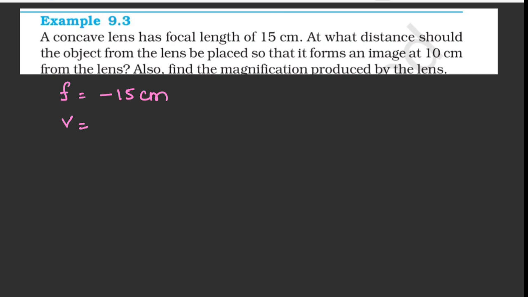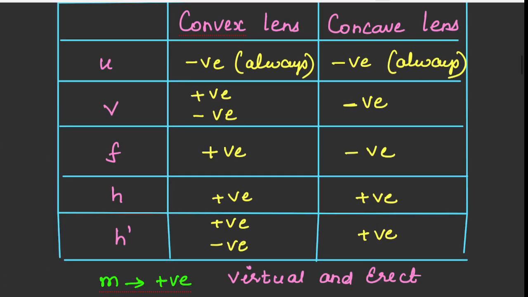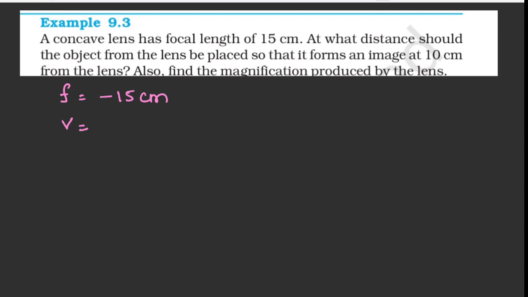Whether v is positive or negative for the concave lens: see here, for the concave lens, v is always negative. So we will write minus 10 centimeter. You have to calculate u, and also find the magnification produced. You should also find m.